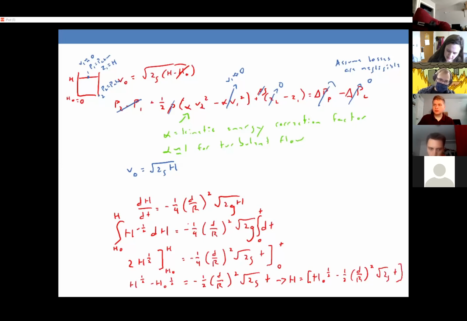T is outside of that squared. There we go. It's height as a function of time. And just to check, at time equal to 0, this will be h naught to the 1/2 squared, which will be h naught. That checks out.